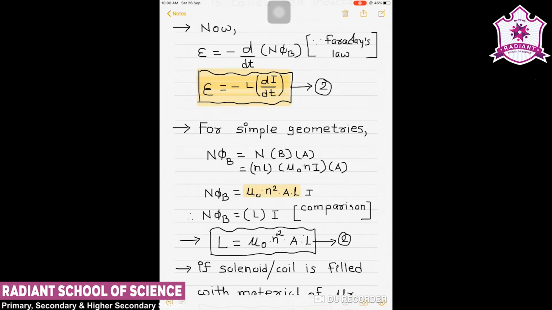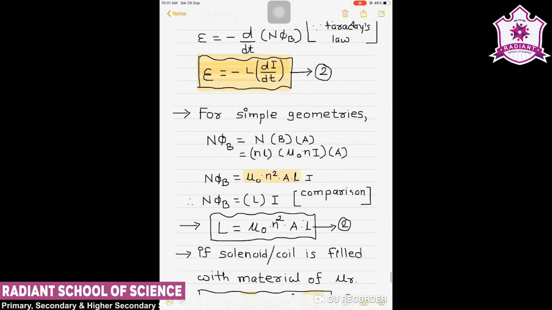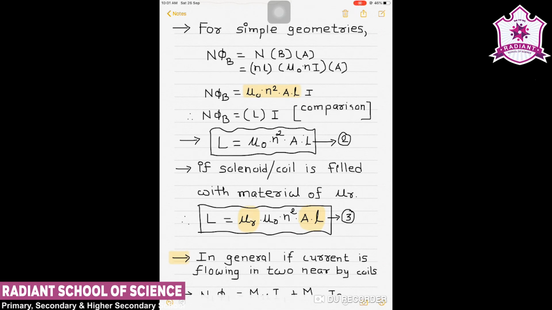Now if we fill the inside of the solenoid with a material of relative permeability mu r, say iron or soft iron, which has a high value of relative permeability, then the self-inductance is given by L equals mu 0 mu r n square A l.